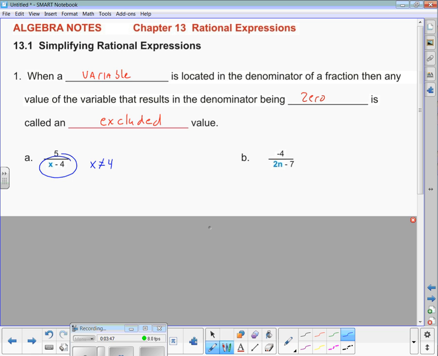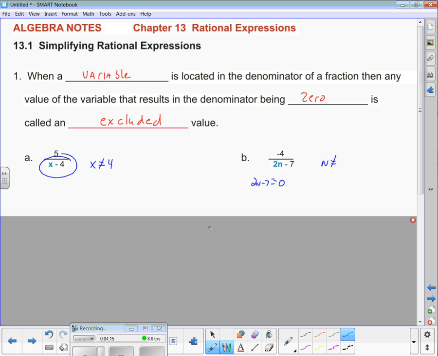Now look at B. What value can n not be? Now you have to apply something that we learned earlier. Obviously this one isn't as easy as A. All you've got to do is take the factors of your denominator and set each factor equal to 0.